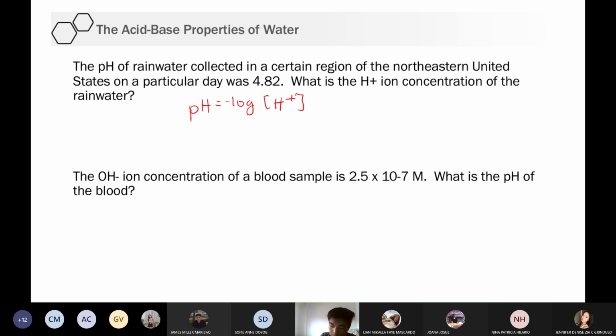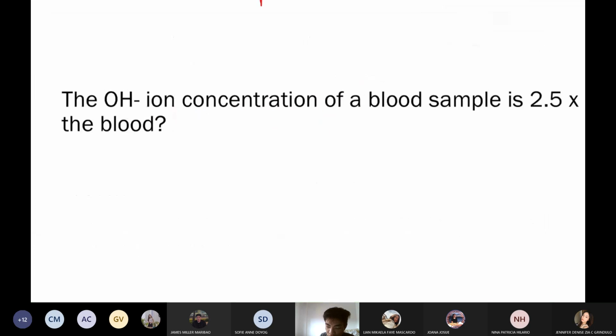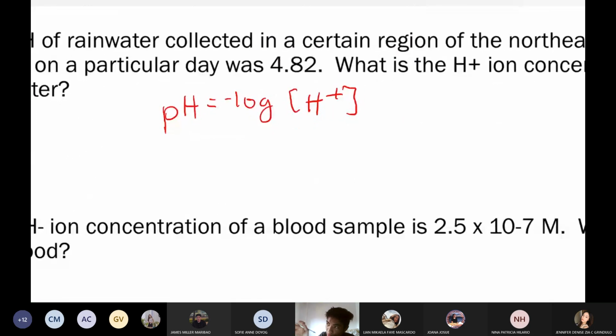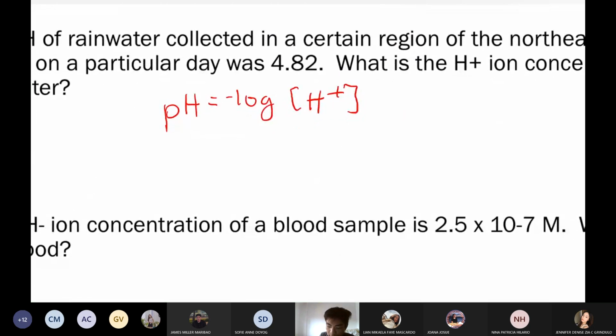Ang sabi ko sa inyo last time, pag gusto nyo kunin yung H plus, tatanggalin nyo siya sa logarithm by doing the antilog function. What's the antilog function? Okay, gagawin mo yung numbers na yan na exponent ng 10. Okay, so let's do that. Derive muna natin. So yung negative sign, lipat mo sa kabila. Negative pH equals log H plus. Okay, so at this point, gagawin natin yung antilog.